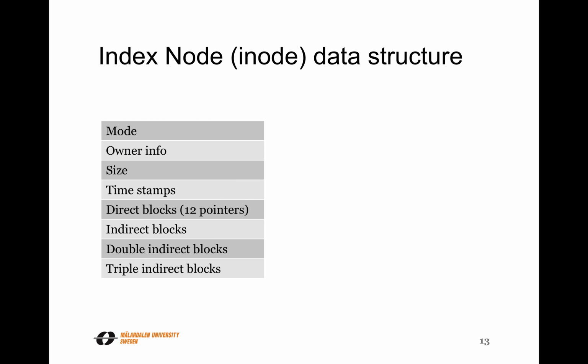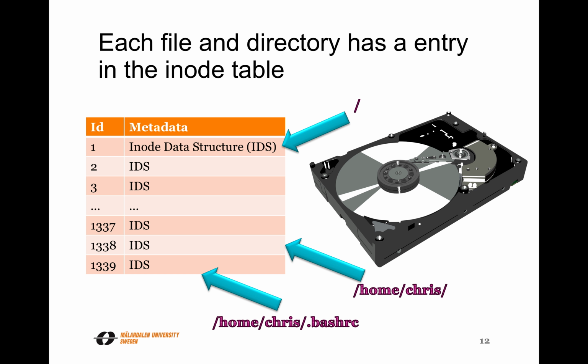So how is the metadata about these files stored? So what do these inodes look like, the data structure of those? So in this table, the data structure would actually be this column right here. So first we have an ID. So that is the inode ID. But then we have a data structure that explains the actual file that's stored in this inode number.